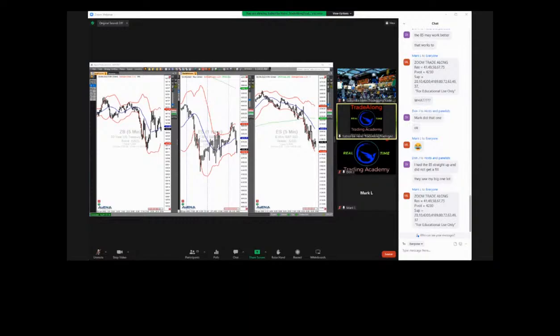Right now, we've got resistance around the 05 area. All right, again, a little choppiness here, so patience is important.